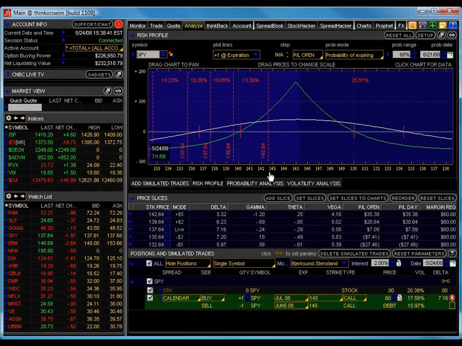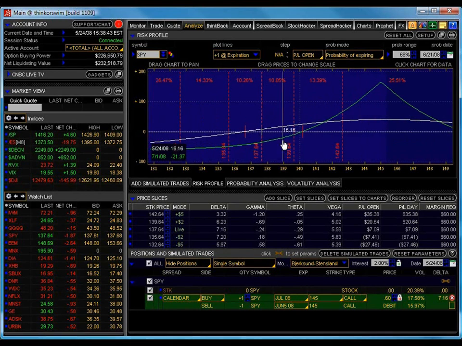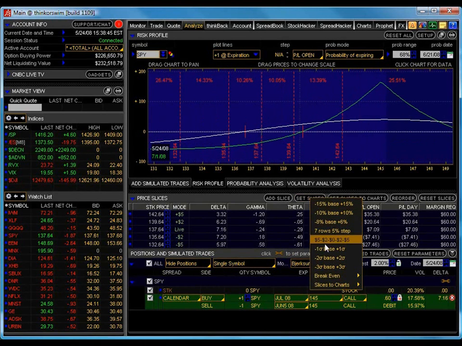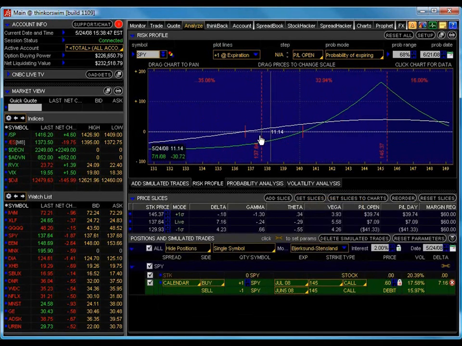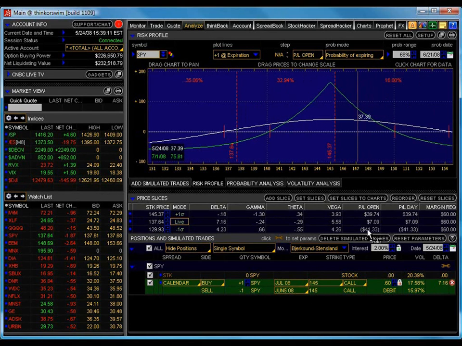The current price of the underlying stock is down here at 137.64. In order for us to make our maximum profit, the price of the underlying stock would have to rise all the way up to the 145 strike, which is the one that we're selling and the one that we're buying.